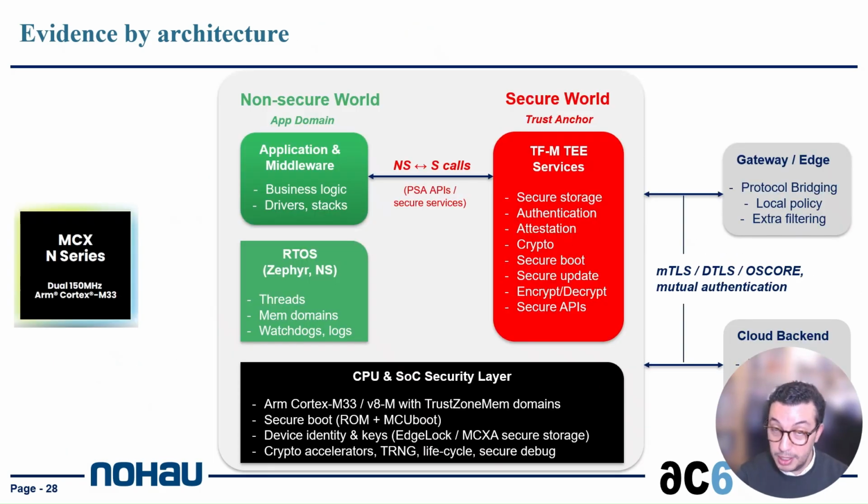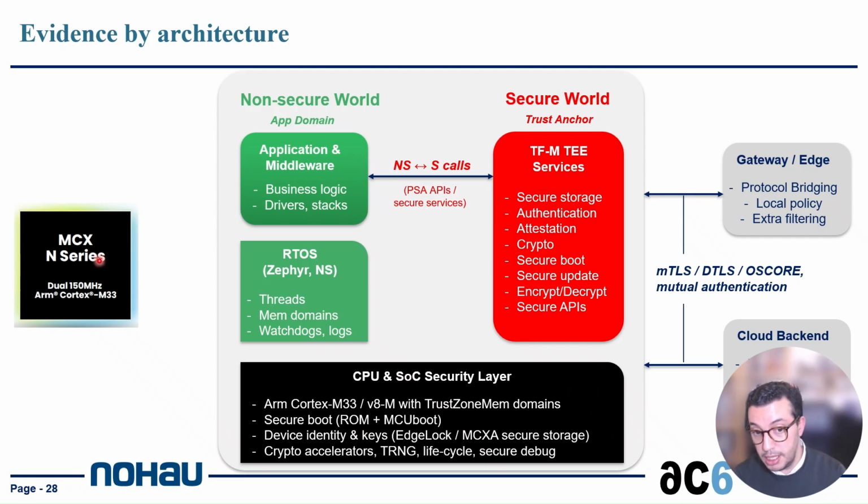Of course, one example of the evidence that we can show by architecture is what you see here. As we showed before, with the MCX N series with the Cortex-M33, we can show that we are using TF-M, we have TrustZone, we have our non-secure world and secure world, all the transitions between secure and non-secure are verified, we are using the PSA APIs and secure services, and behind all of this we have the CPU and system-on-chip security layer that provides us with secure boot, device identity and keys that are certified under Common Criteria.